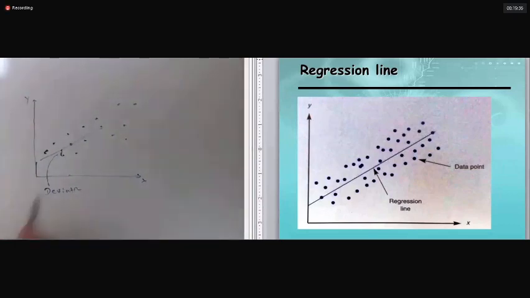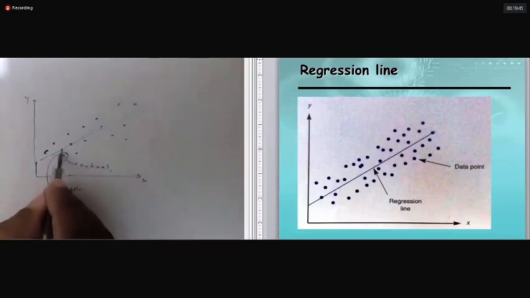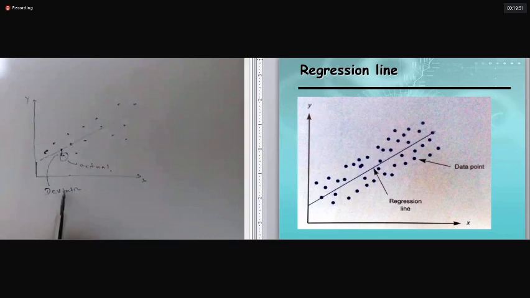This is the actual point, but if we draw a line here, this is not the actual point. There is a deviation between the actual point and the point on this line.